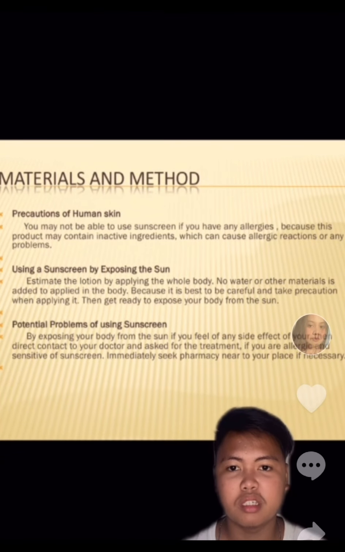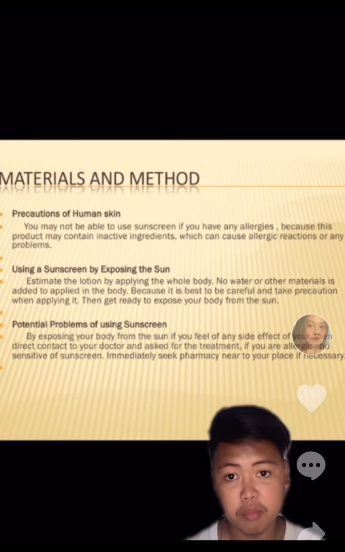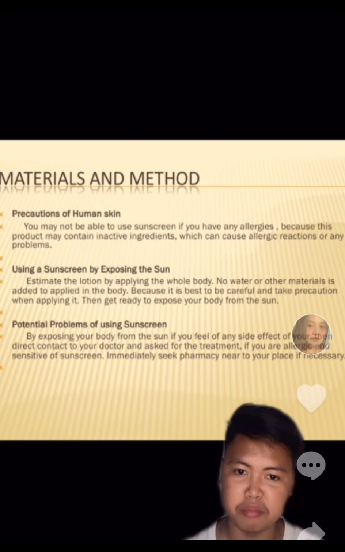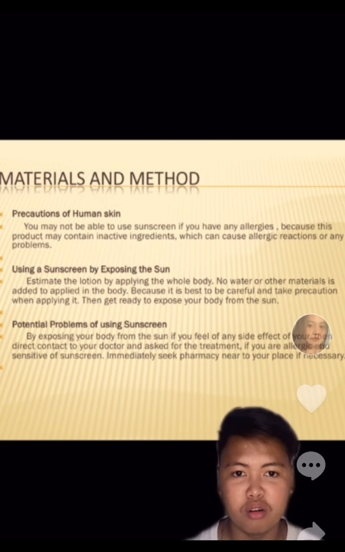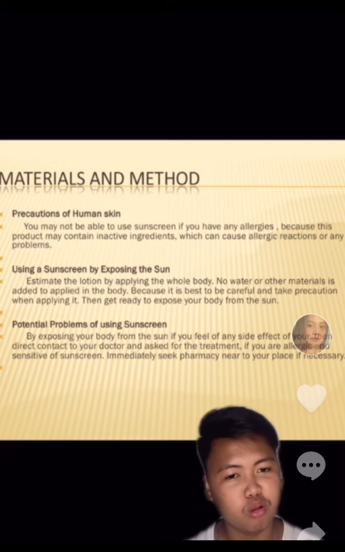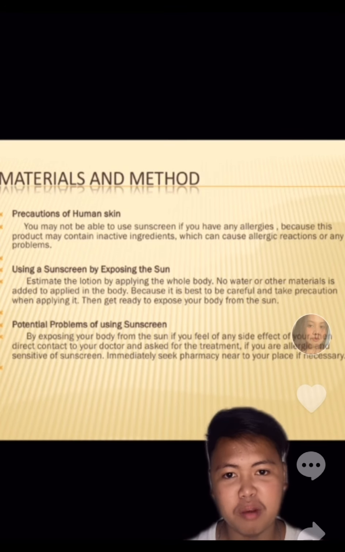Precautions of human skin. You may not be able to use sunscreen if you have any allergies, because this product may contain inactive ingredients which can cause allergic reaction or other problems. Using a sunscreen by exposing to the sun. Estimate the lotion by applying it to the whole body. No water or other materials are added to apply it on the body because it is best to be careful and take precaution when applying it.